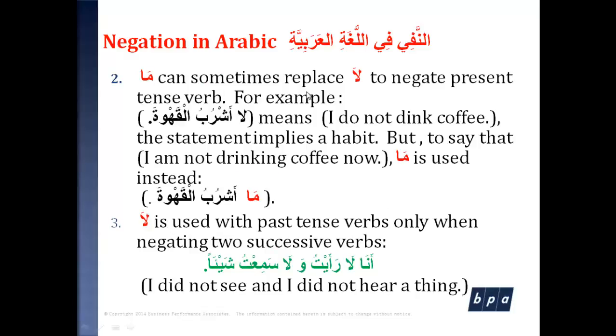Ma can sometimes replace la to negate a present tense verb. Occasionally; it's not a general rule, but sometimes it is used. لا أشرب القهوة means I do not drink coffee. The statement implies a habit, but to say that I am not drinking coffee now, ما is used instead.